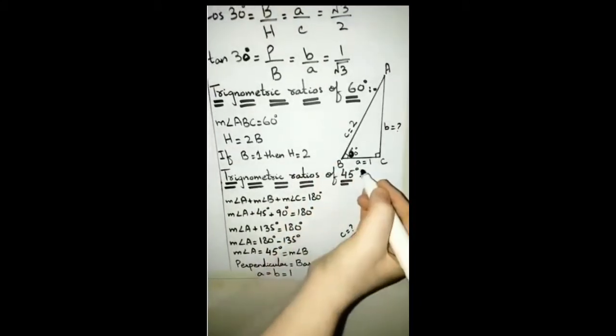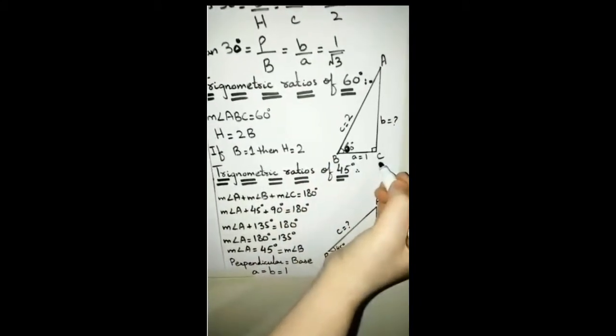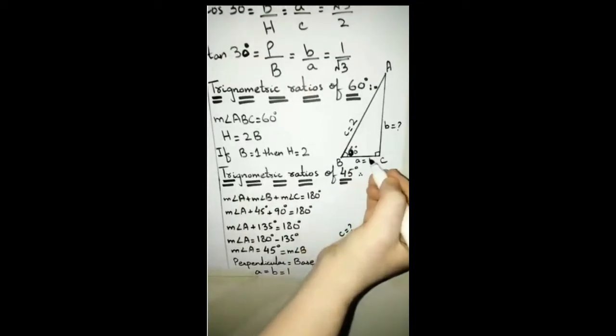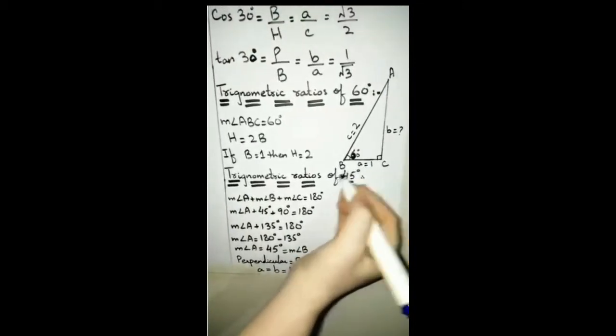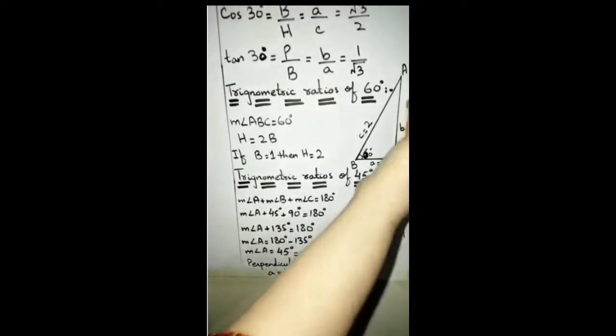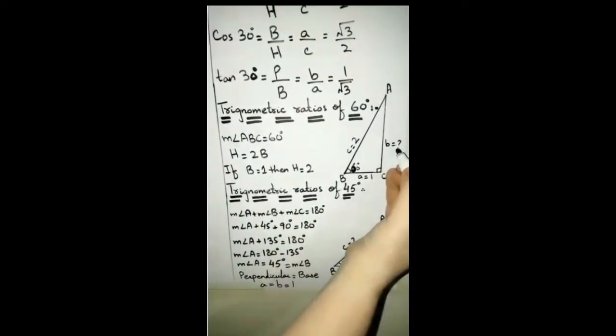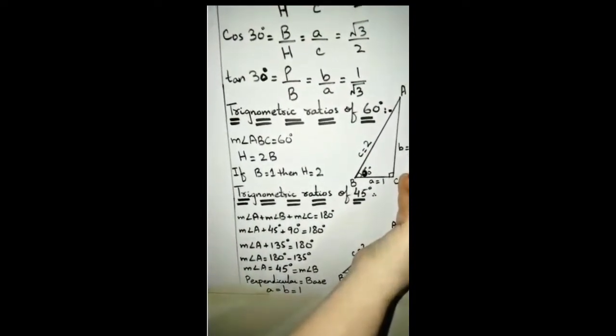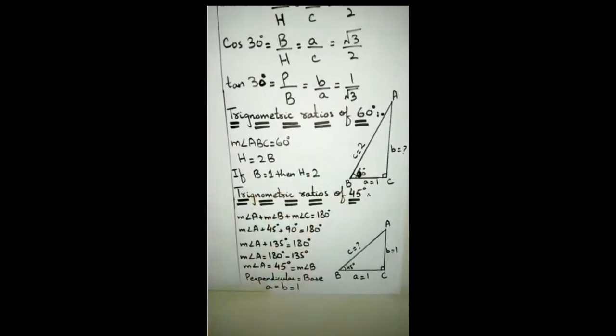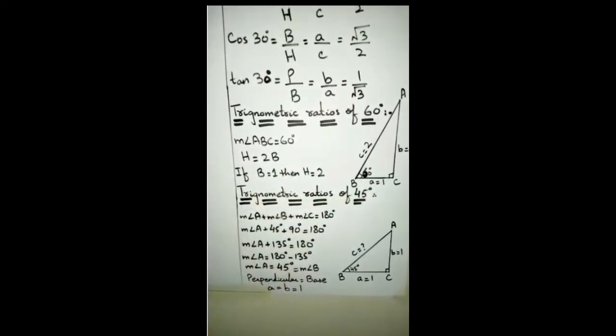It means if I am taking the length of BC, which is equal to A, as 1, it means the length of hypotenuse AB is equal to 2. After that, you will find the value of B with the help of Pythagoras theorem. Then you will find the value of trigonometric ratios of 60 degree.